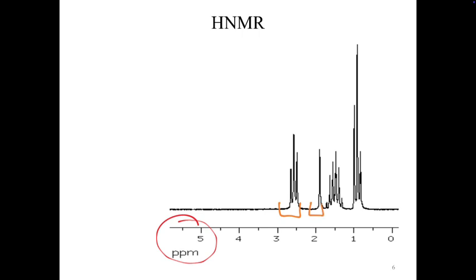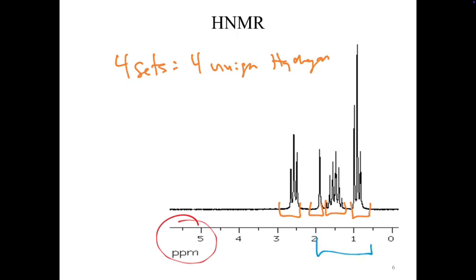I see 4 sets of peaks. 4 sets equals 4 unique hydrogens. Less than 2, these are all alkanes. This one I have no clue about. I don't have the context to know what that hydrogen is connected to.